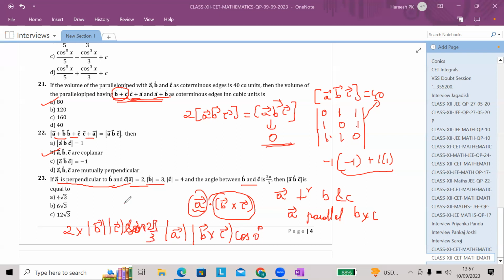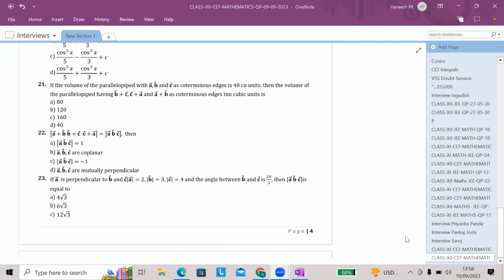So mod B is also given as 3, mod C is 4, and this is root 3 by 2. So 12 root 3, that is the answer. We go on to the next question.